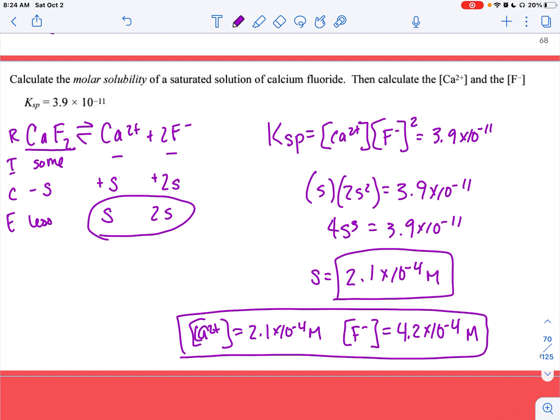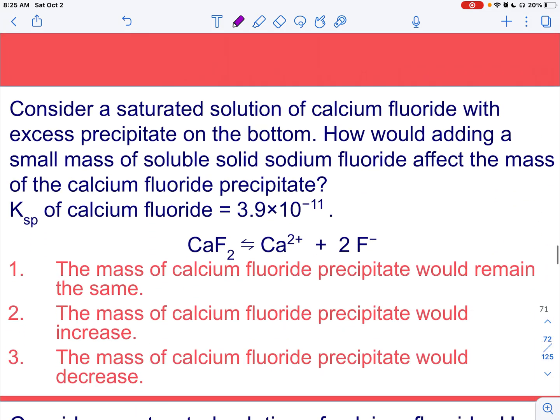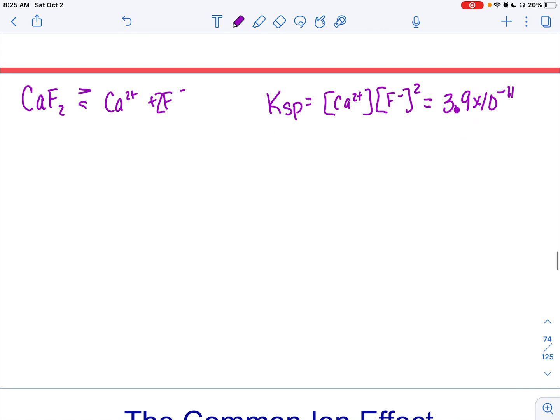Okay, so this is just a basic KSP problem, and we got that the concentration of calcium is 2.1 times 10 to the negative 4, and the concentration of fluoride would be 4.2 times 10 to the negative 4. Okay, so I'm just going to write those here so that we can compare it. So last video, we found that when there was no common ion situation, was this.